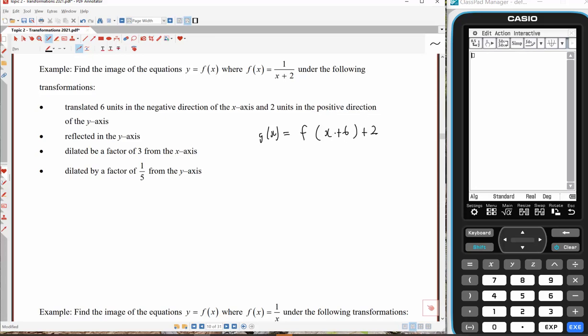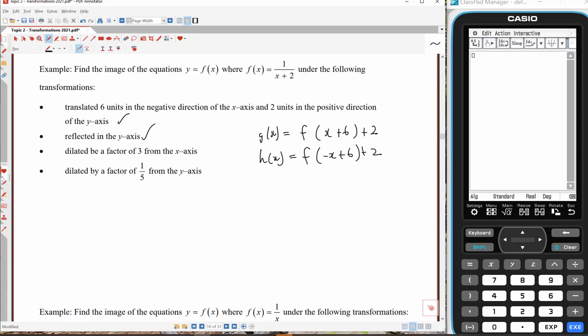So f of x plus 6 plus 2. Reflected in the y-axis. So the way we reflect in the y-axis is we throw negative x into the function. So h of x is equal to f of negative x plus 6 plus 2.